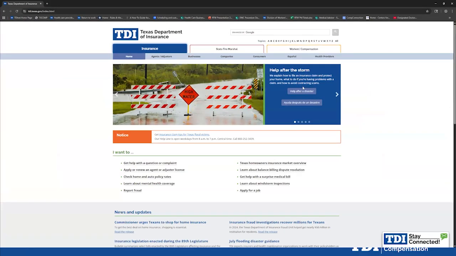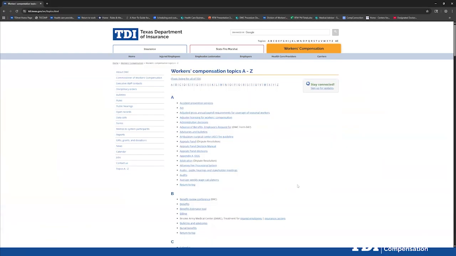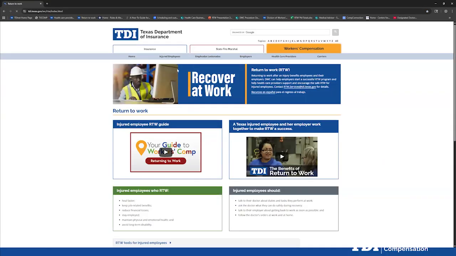So if you go to the Texas Department of Insurance, tdi.texas.gov main website, up here at the top you see workers' compensation, and you can scroll down here. Workers' compensation A through Z are for return to work. Right there. And this whole page has a ton of resources.